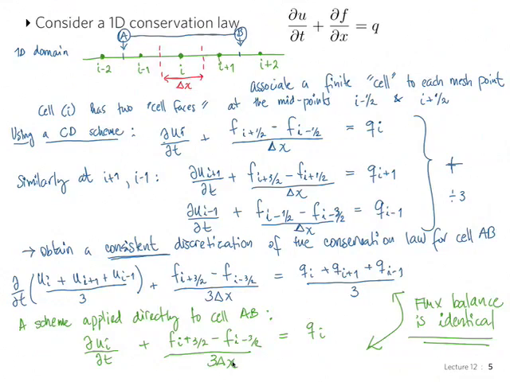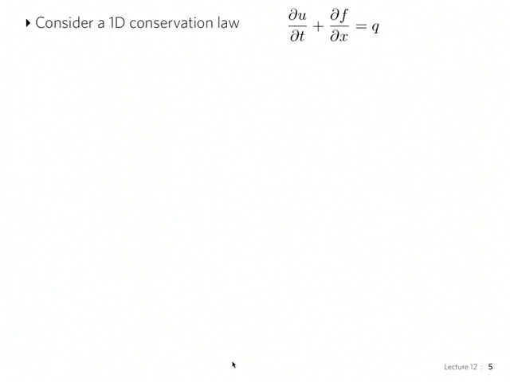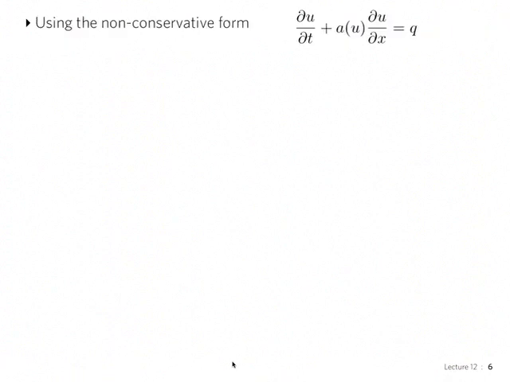Now, the interesting thing is when you use, for the same exercise, the non-conservative form of the equation. So let's see what happens there. For this non-conservative form where A of u is our Jacobian, so A is equal to df/du.